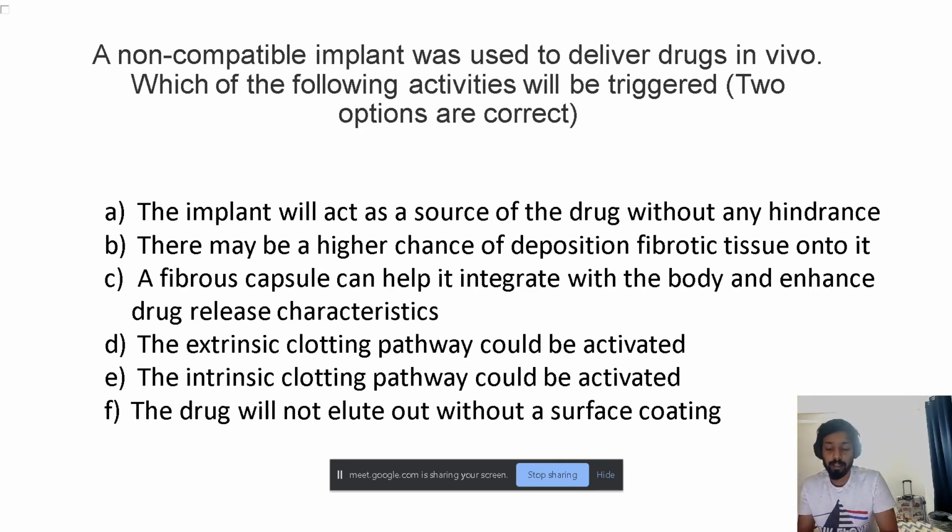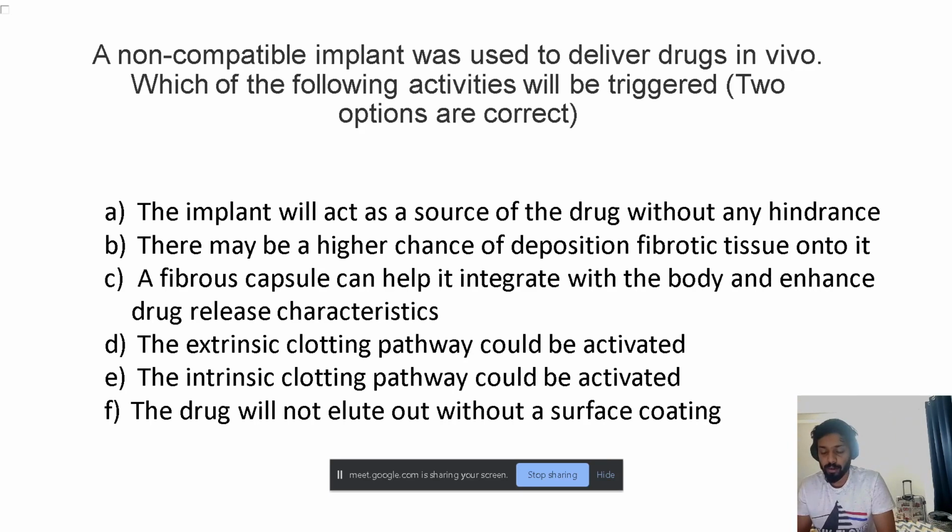But the intrinsic clotting pathway can get triggered because of surface contact, and if these cells recognize this implant as something that doesn't belong to the body, then it will trigger this intrinsic clotting pathway. Since this implant is non-compatible, it will get recognized by the body, and that will in turn turn this cascade on. So that seems like a correct option.